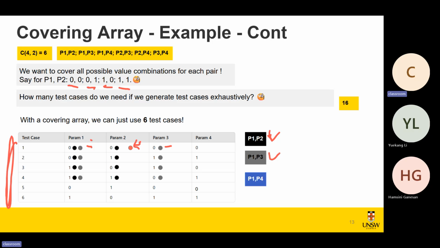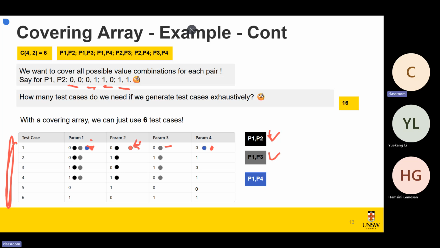Let's consider P1 and P4 here. For 0, 0, which test case do you think we can use? We can still use test case 1, right? Test case 1 is covering the scenario where P1 and P4 take the value 0, 0. And for 0, 1, which test case do you think we can use?